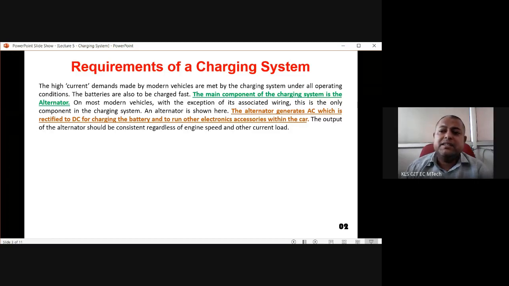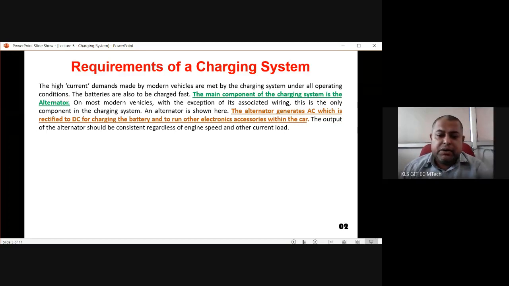So the alternator is the main generator. It generates AC, and from there a rectifier converts it into DC. DC goes into the battery. The battery gets charged, and as per requirement, either the alternator is supplying electricity to the components, or the battery is supplying electricity, depending on whether AC or DC is required.